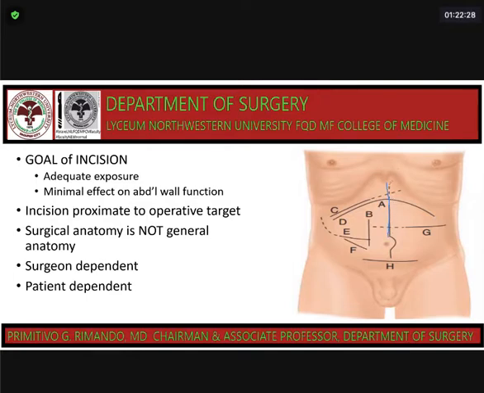Not a coast-to-coast incision. So probably the patient had only mostly an upper abdominal problem. And now the patient is complaining of another problem, and you need to do an exploratory laparotomy.